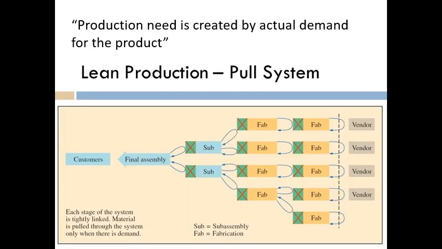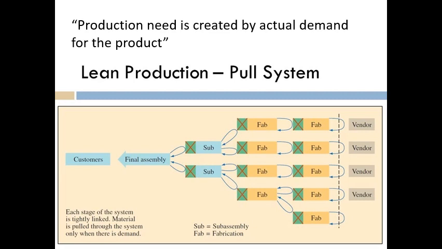Production needs to be driven by the actual demand for a product, and we take the actual demand based on the customer, right? Final assembly is done and delivered. There can be sub-categories and fabrications, section by section.